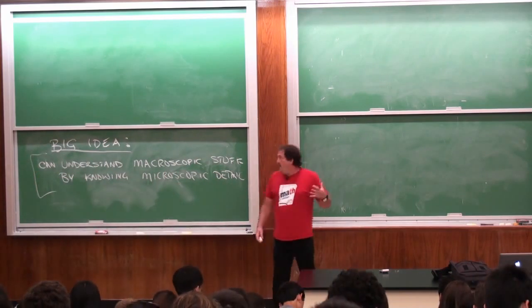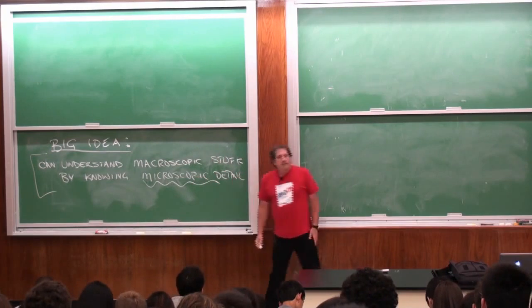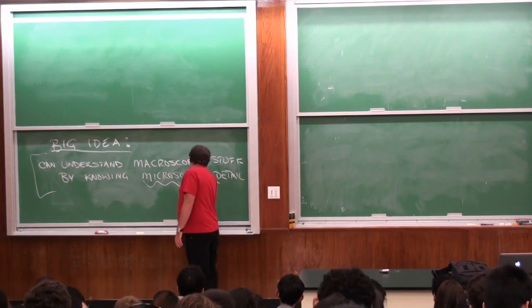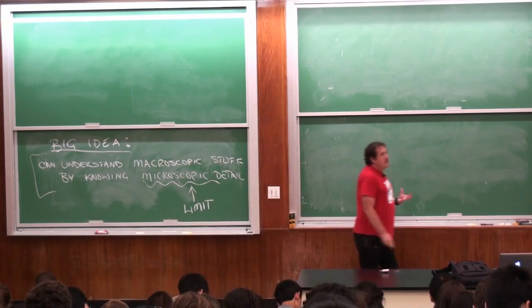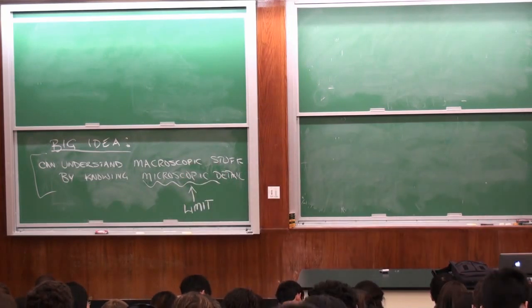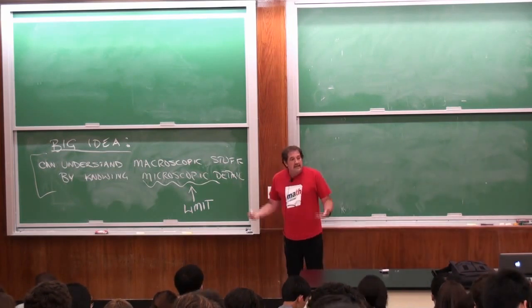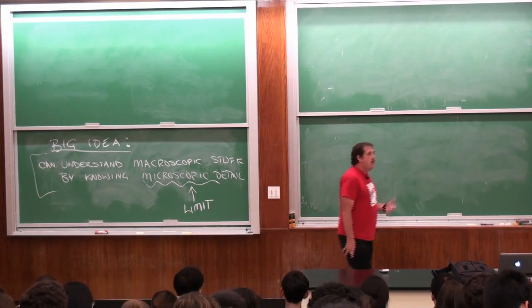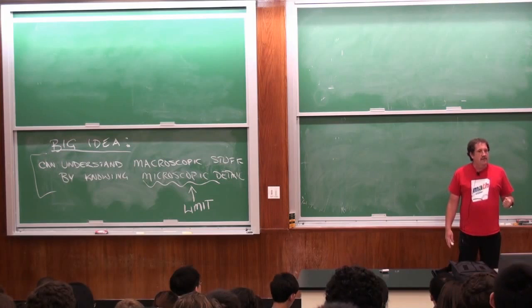And the way that we understand this microscopic detail in modern days is via the notion of a limit. In many high school classes, and in fact in college classes, a lot of students think of this idea of a limit as just that stupid thing that you have to do at the beginning of the year before you can get to the real stuff where you take derivatives by formula.